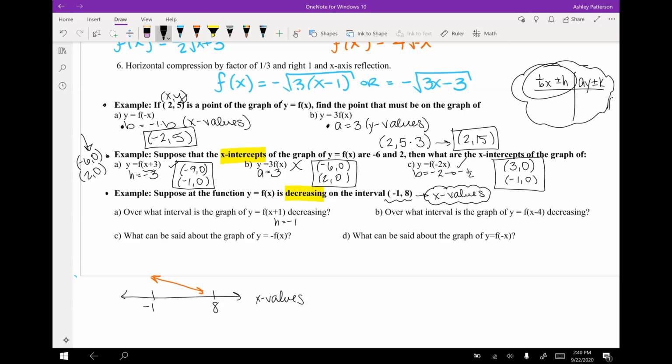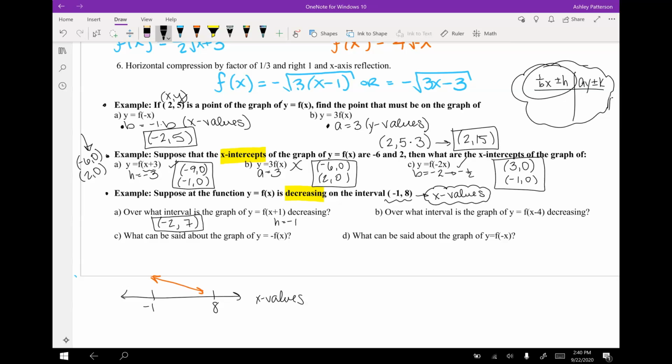Since an increasing and decreasing interval is discussed by the x values, we're going to take these and subtract 1. So we're going to say that it decreases from -2, because -1 minus 1 is -2, to 7. That's the interval of space where this function that's shifted to the left 1 unit is decreasing.